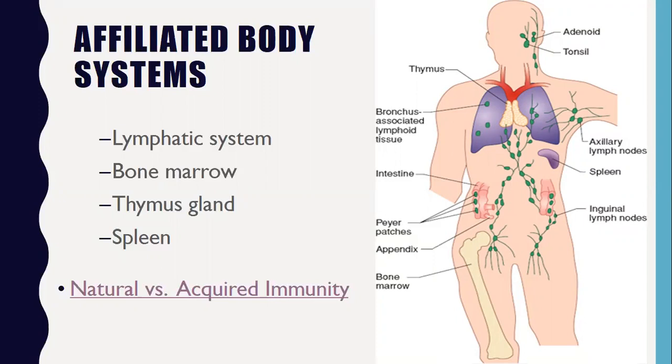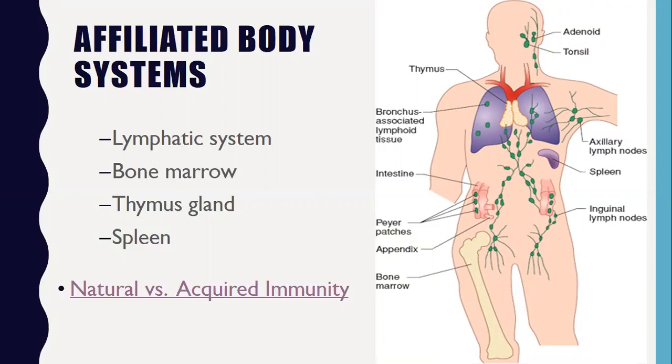So let's talk about immunity and different types of immunity. There are two generalized types of immunity. There is natural immunity, or innate immunity is another term for it. And then the other type is acquired or adaptive. Natural immunity is what you're born with. It is innate, it is already there.